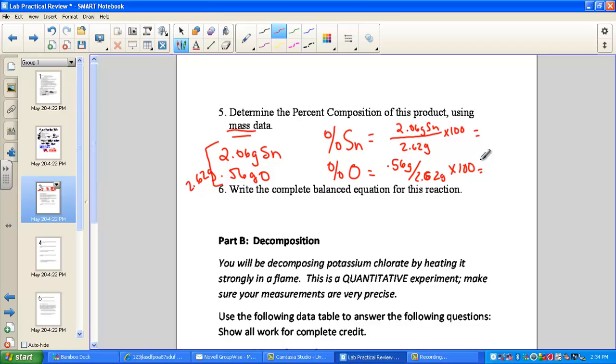Remember both answers. 2.06 divided by the total mass of 2.62, expressed as a percent, 78.6% by mass tin, and 0.56 divided by 2.62, expressed as a percent, and we have 21.4% oxygen.